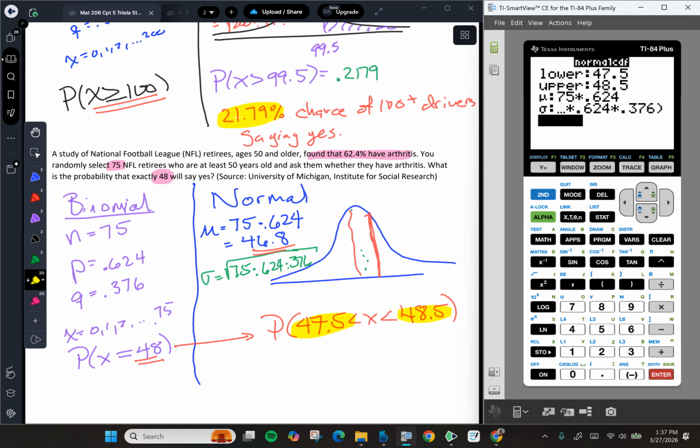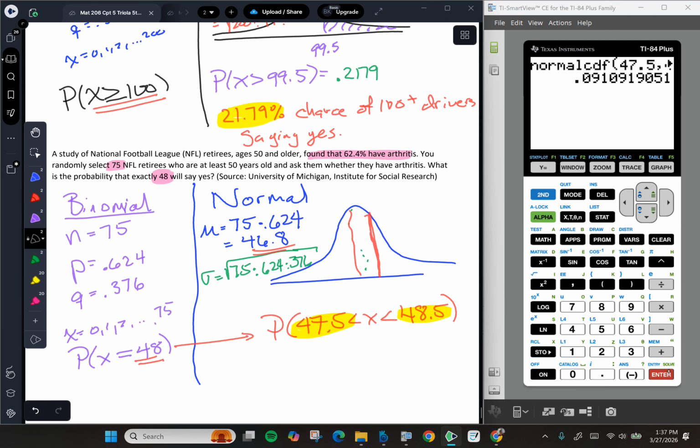Close those parentheses. And I get that this is equal to 0.0911, or 9.11%. So there's a 9.11% chance that if I talk to 75 NFL retirees, exactly 48 will say yes.